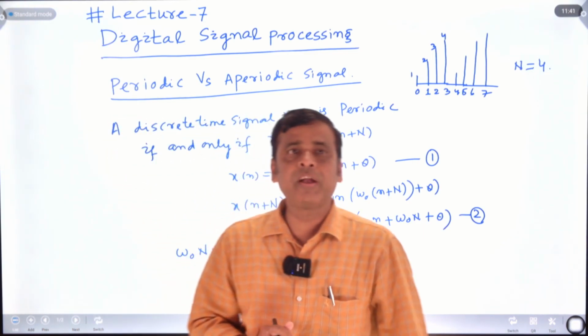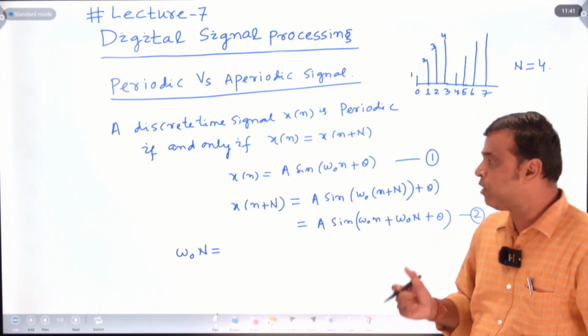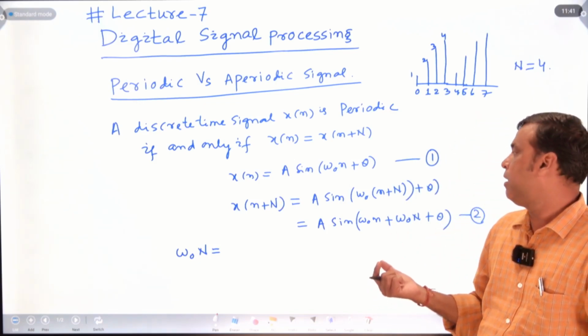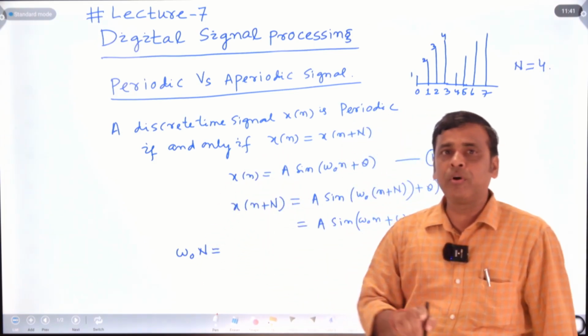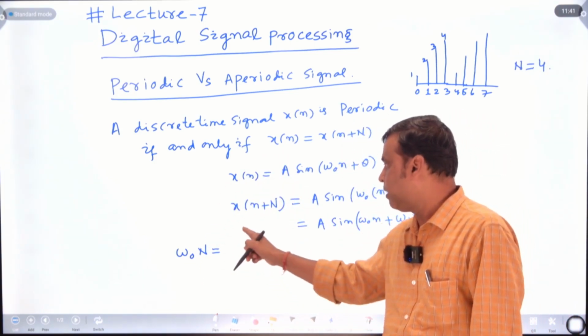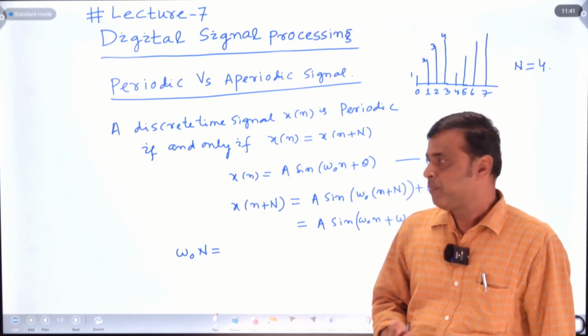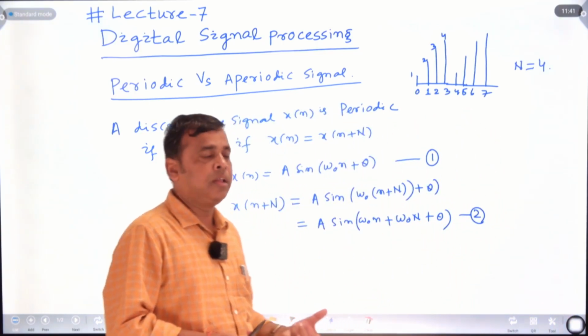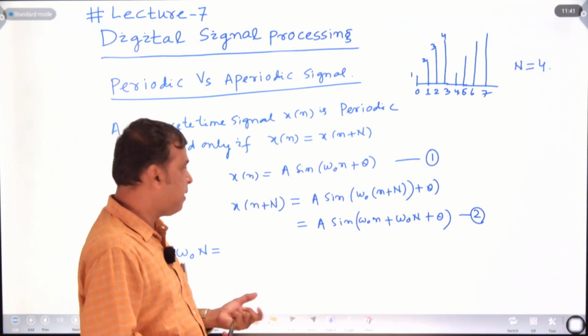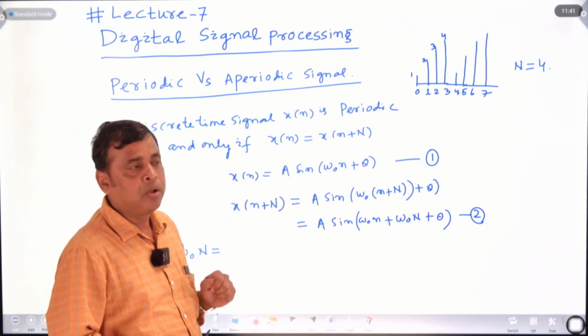Remember, in the case of a continuous time signal, we can directly write omega 0 capital T in place of capital N, so omega 0 T equal to 2 pi. Then we find the value of T, which is 2 pi by omega 0 in case of a continuous time signal.